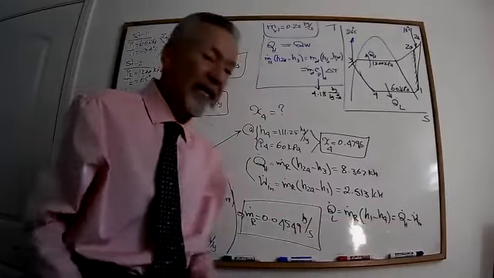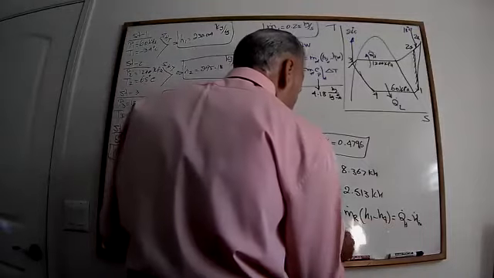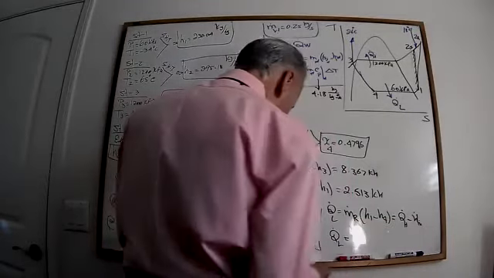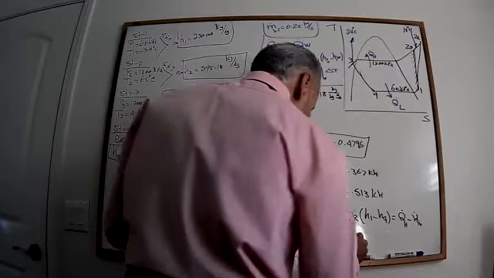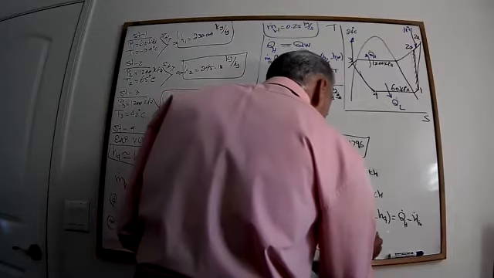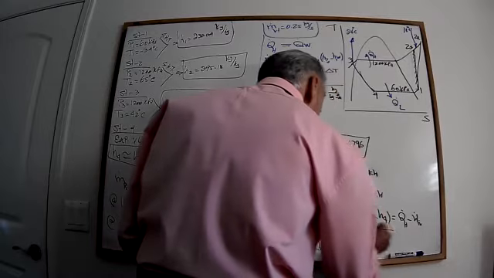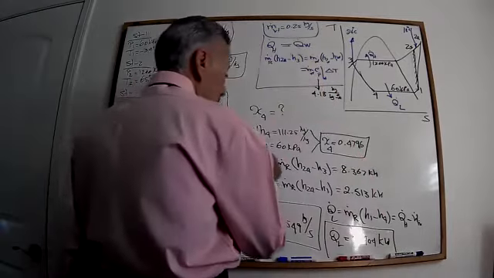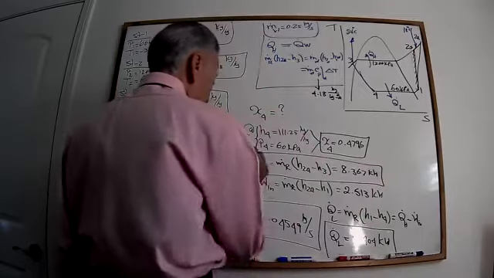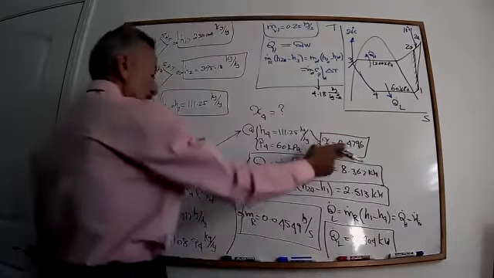Either way, you get the exact same answer. If you do that, your value of QL becomes 5.404 kilowatt. So that's your QL. That's the QH that they ask for, and this is the work in that they ask for, and that's the quality.